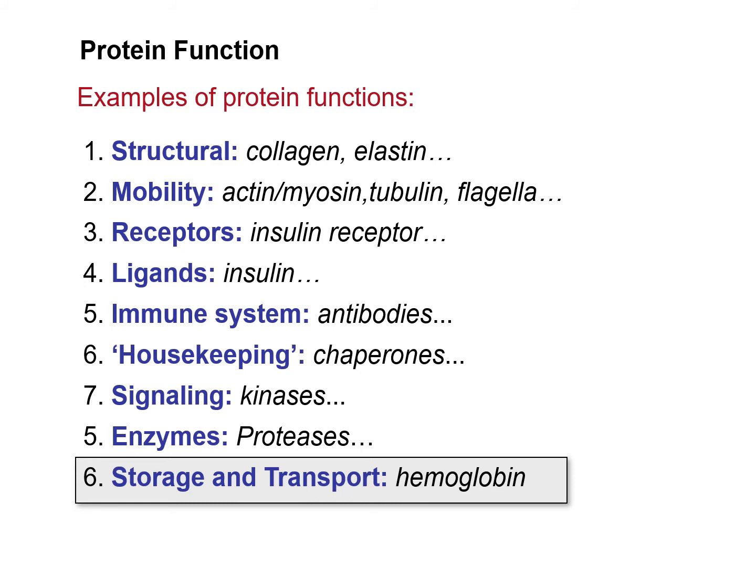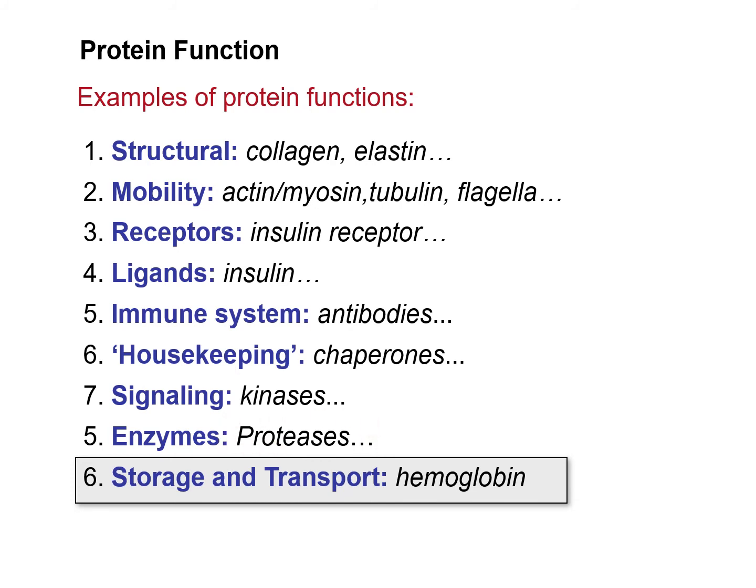And housekeeping function too by the chaperones, which correct the misfolded proteins, and also involved in signaling as a biological function. And kinases and proteases are the good examples for that. And also they have enzymatic functions, so they catalyze some biochemical reactions, and proteases are the examples for that.